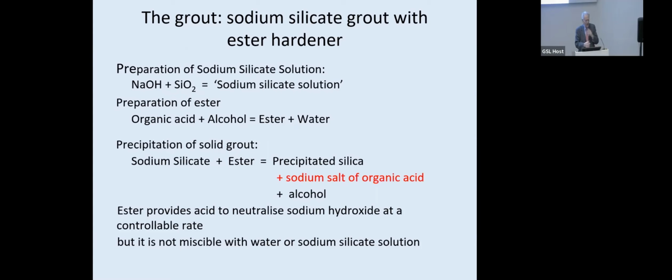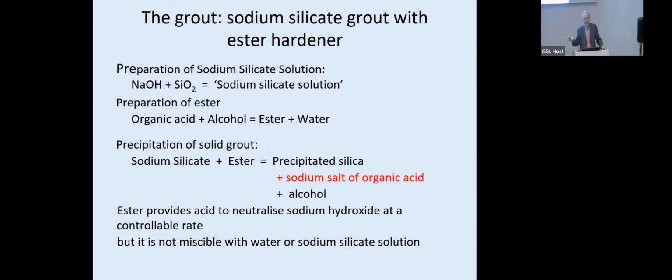And when you mix the sodium silicate with the ester, the alkali in the sodium silicate reacts with the acid in the ester, neutralizes the sodium silicate solution, the silica then deposits, and it releases an alcohol. So the ester neutralizes in a controlled manner.